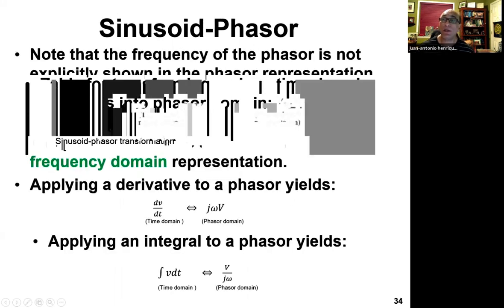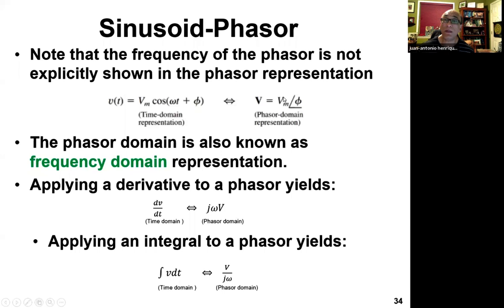Notice also that the frequency of the phasor is not explicitly shown in the phasor representation. In the time domain representation we see it, but in the phasor domain representation, there's no information about the frequency. But the phasor domain is also known as the frequency domain representation, and it yields some interesting results.